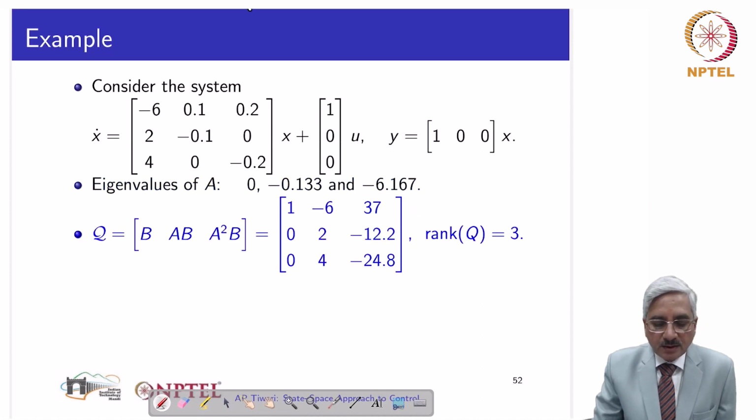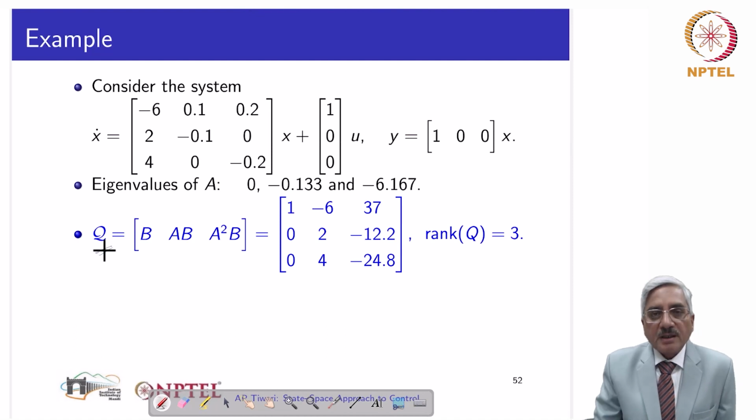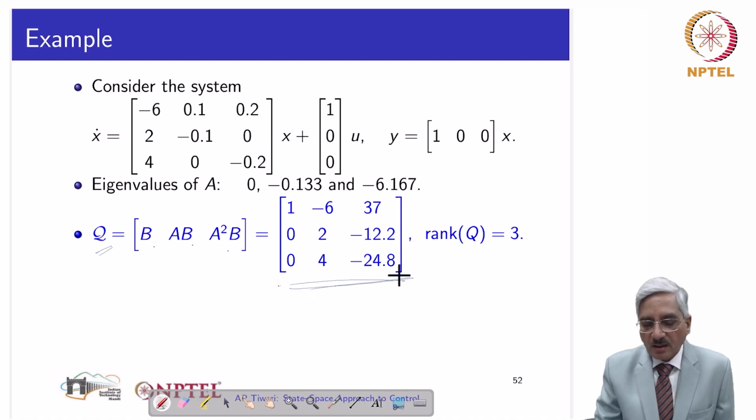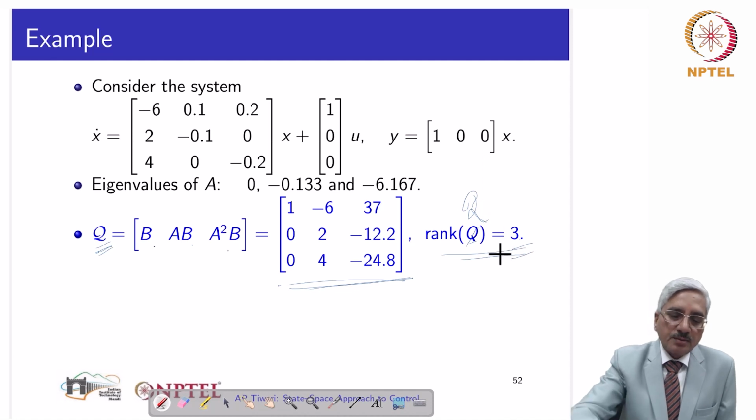For this system, we verify: if we assemble the controllability matrix B, AB, A squared B, it will come like this, and the rank you will see is 3. This Q is script Q. Rank will come 3, so that means the system is controllable.